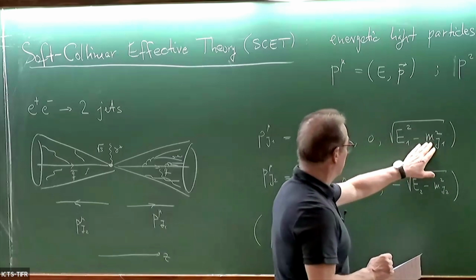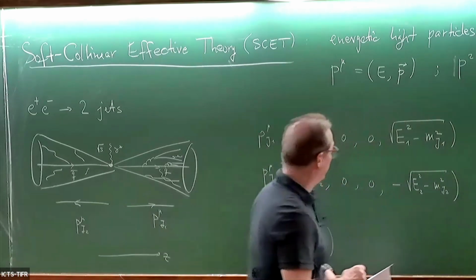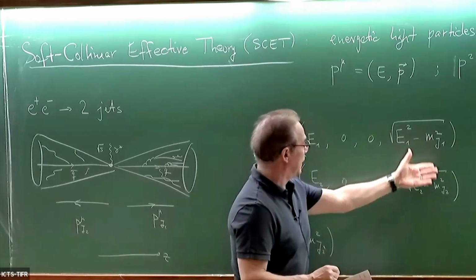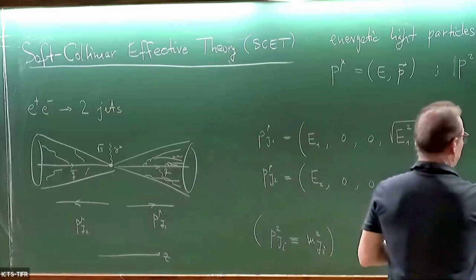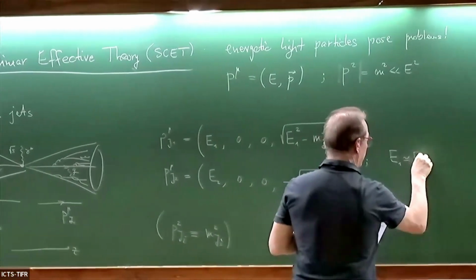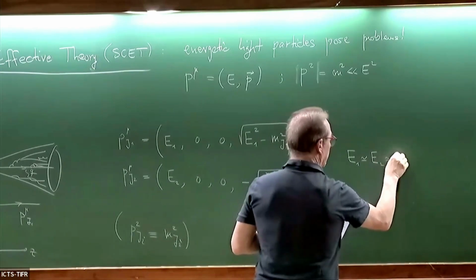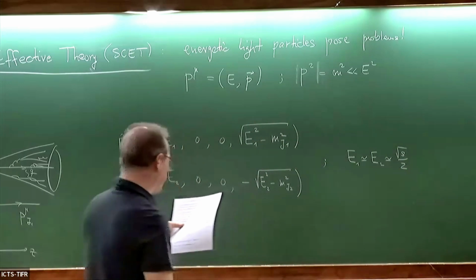And if I work in the limit that the masses are much less than the energies, then you can neglect this m^2 to first approximation, and you see that E1, apart from small corrections, is equal to E2, is equal to one half the center of mass energy.